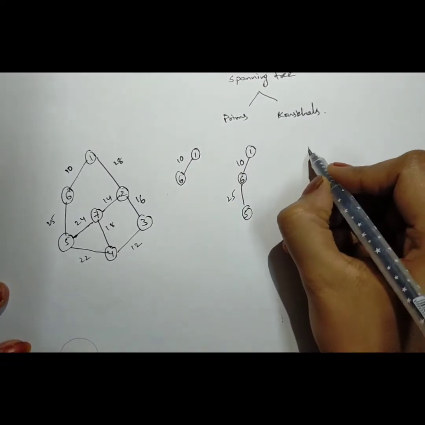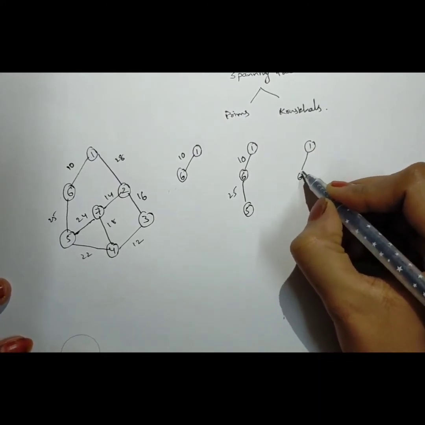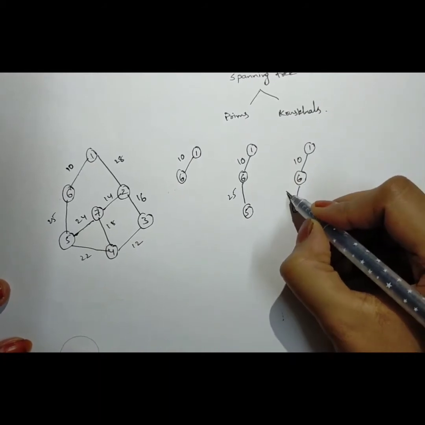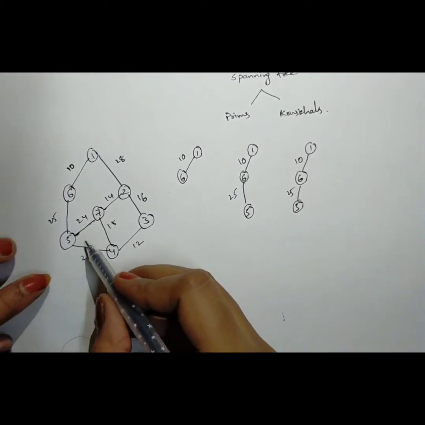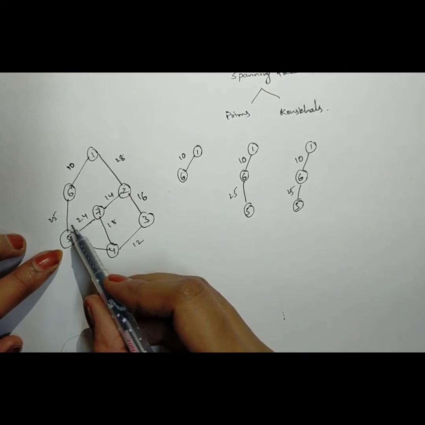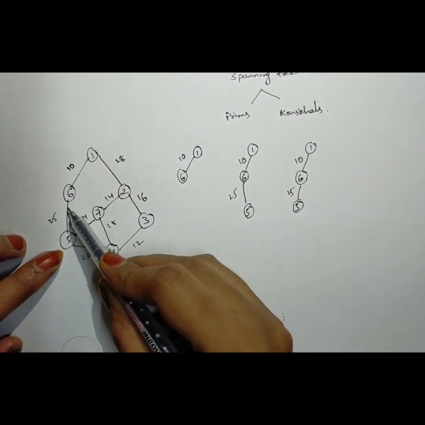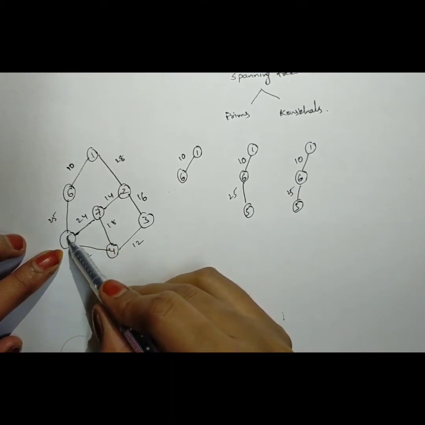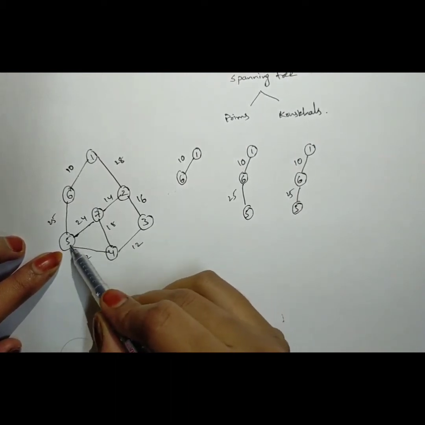Okay, now coming to the third step. From 5 you need to choose the adjacency nodes. There are 3 different adjacent nodes for the vertex 5, that is 5 to 6, 5 to 7, 5 to 4.